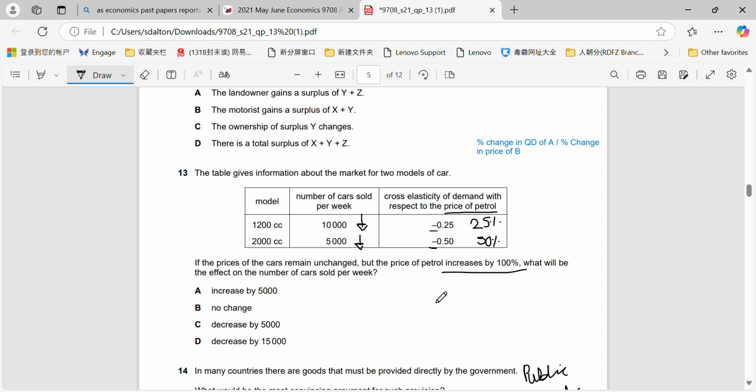Okay. Very simple. That would therefore be 25% of 10,000 is 2,500, and 50% of 5,000 is also 2,500. They would both drop, so they would decrease by 5,000.